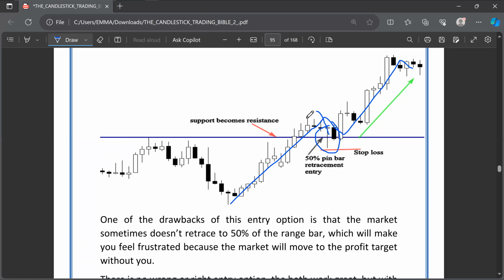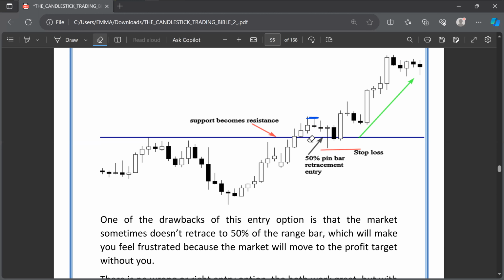The aggressive could have what? Just enter from here. They don't wait for this retracement. They will enter from here and then they will go. But the conservative will wait for it to come and then cut the middle of what? The pin bar, 50% of that. So a 50% pin bar retracement entry. We have a stop loss just below that. And then we move.